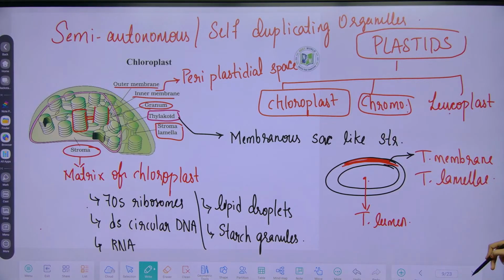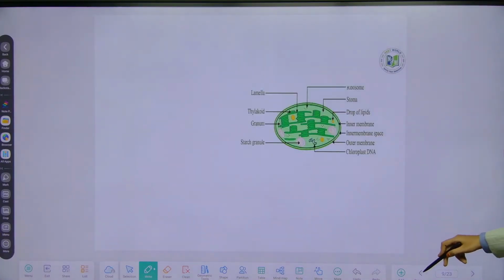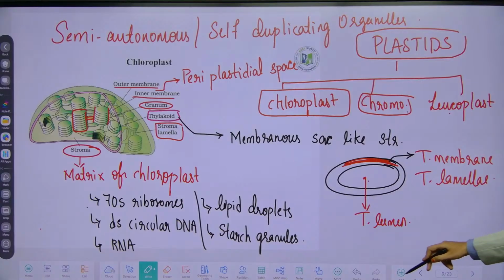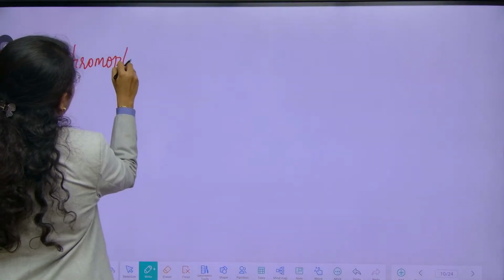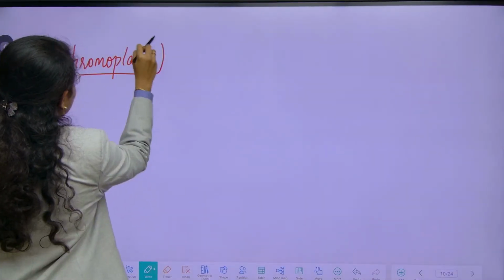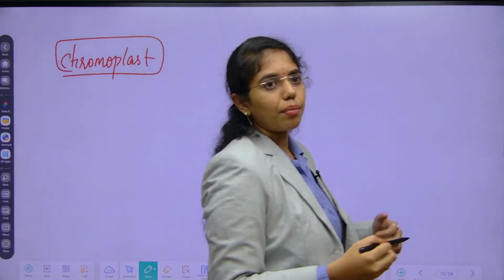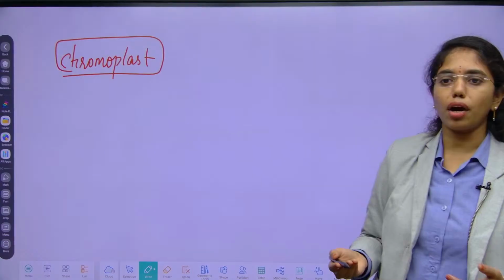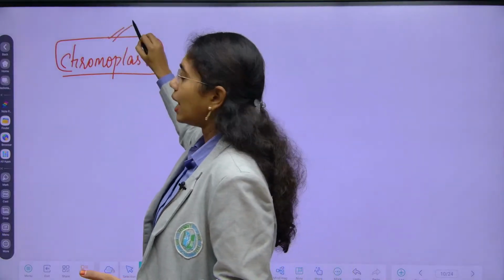Chromoplasts emit different colors because of the pigments present in them. It can be anthocyanins, carotenoids, xanthophylls, any of the colored pigments. It emits color.